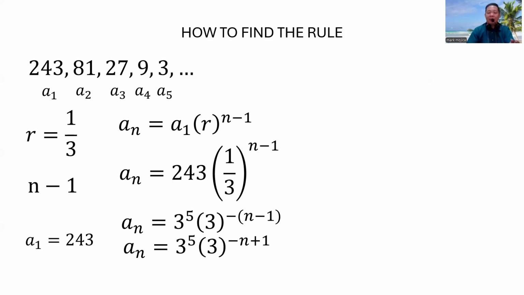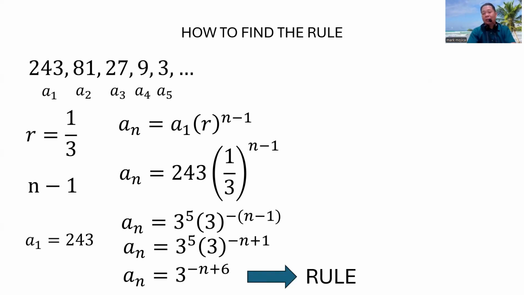If we have the same base, you can simply add the exponent. Pero paano natin i-add ang exponent? Negative n. Ang i-add lang natin sa 5 is equal yung 1 lang. So what is 5 plus 1? 5 plus 1 is equal to 6. So therefore, ang ating rule is a sub n is equal to 3 raised to the power of negative n plus 6. Again, we have to prove this one, whether this is true or not.